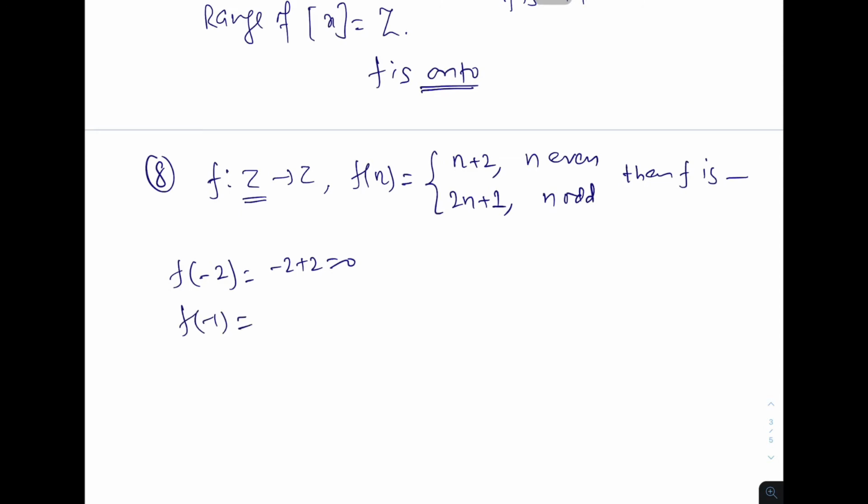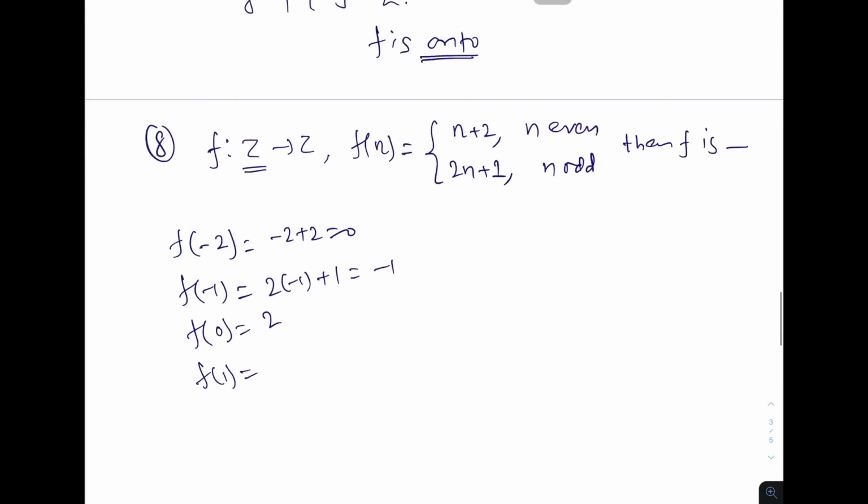F of say minus 1, minus 1 is odd here, so that value is 2 into minus 1 plus 1, so that is minus 1. You can have f of 0, 0 is even, so 2. Then f of 1, 1 is odd, so 2 into 1 plus 1, so 3, and so on.